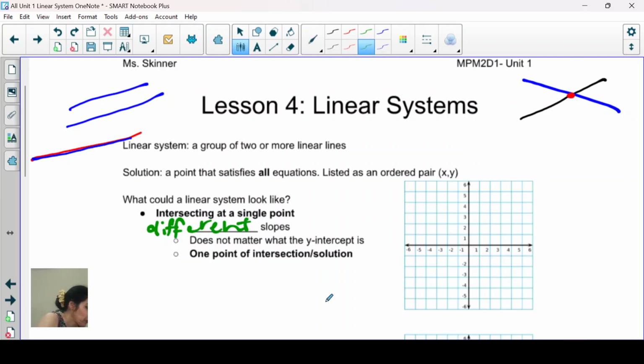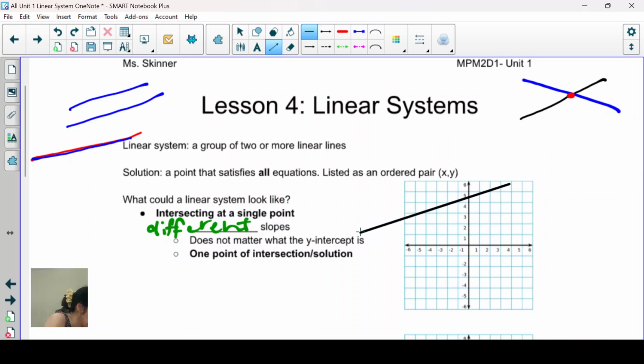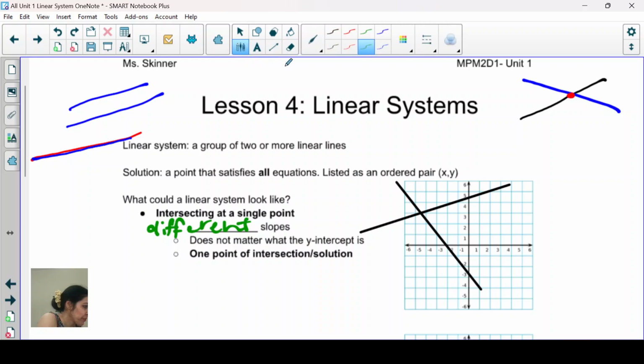Or two lines can be like here. One line can be here, and one line can be here. They have a point of intersection here.